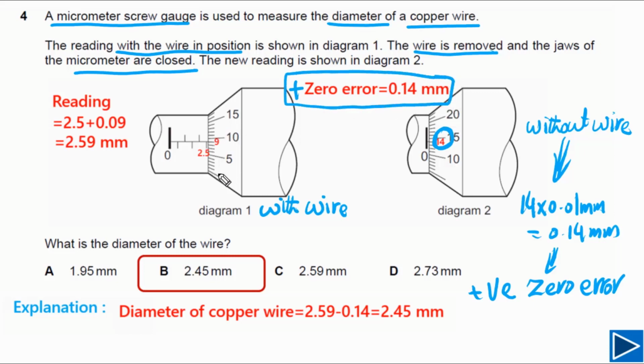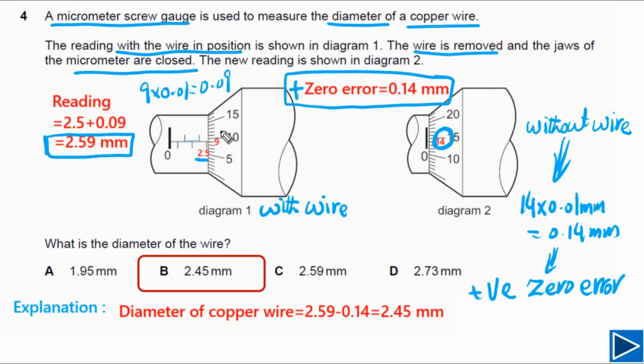We need to understand how to read this. In this case, you can see the linear scale reading is 2.5 and the circular scale reading is 9. If you multiply 9 with 0.01, again you will get 0.09. Now we need to add these two, so this is our final answer.